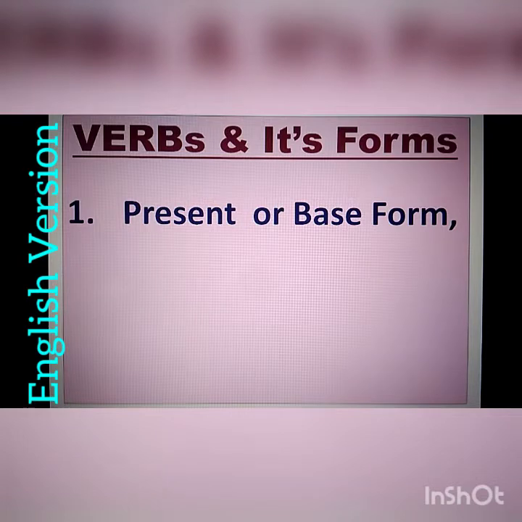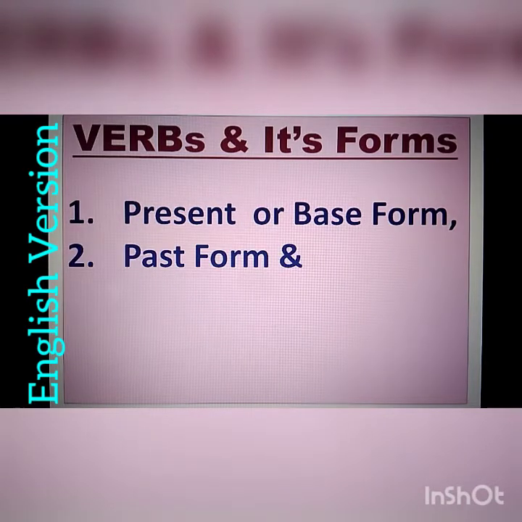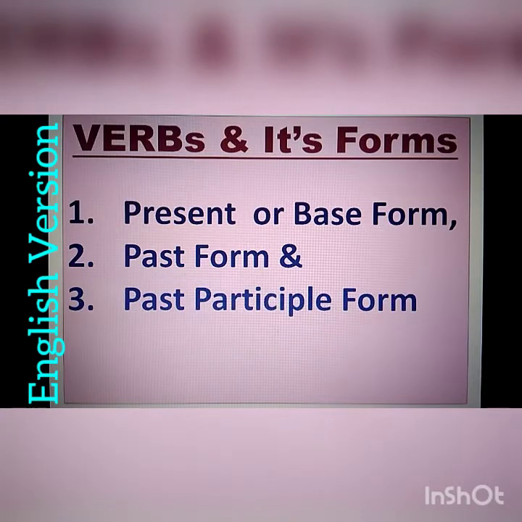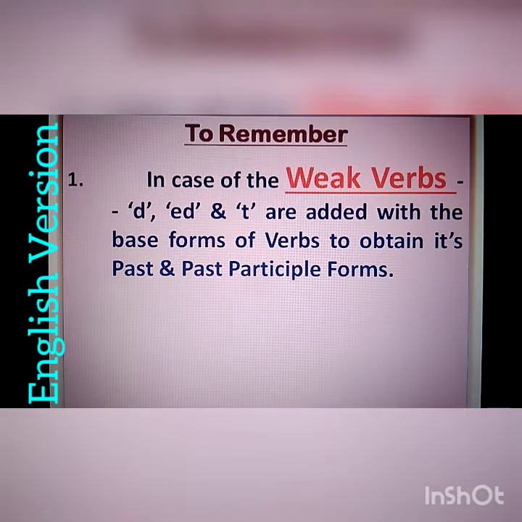Forms of verbs. There are three forms of verbs: present or the base form, past form and the past participle form. We have to remember that in case of weak verbs, d, ed and t are added with the base forms of verbs to obtain their past and past participle forms.